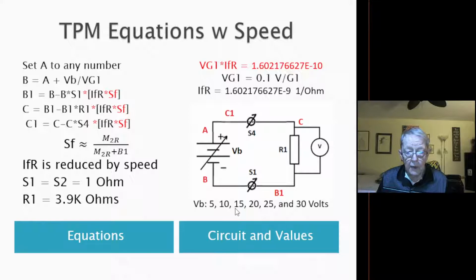And then at 10, 15, 20, and 30, and I measured the voltages around the circuit, recorded them, then compared the results to the predicted value. And I went through that for the standard equation, the TPM equations without speed, and this one, the TPM equations with speed.